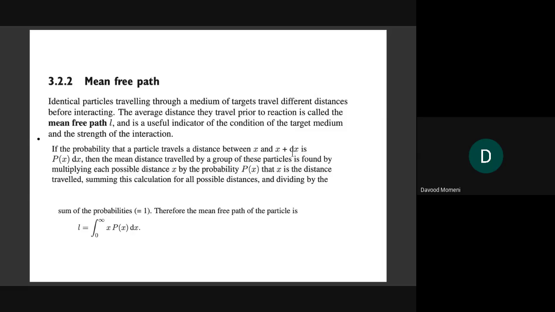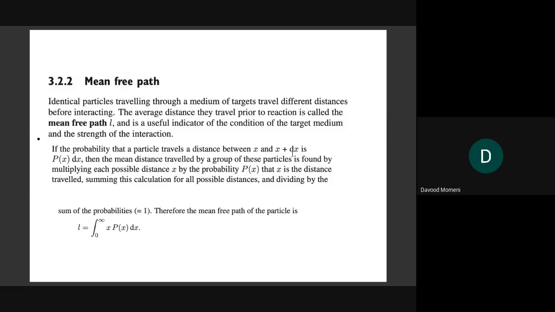How to calculate the mean free path? To find the mean free path, we consider the probability of a particle traveling a short distance between x and x plus delta x. The probability of a particle traveling in the short distance is given by the probability times the distance between the points.